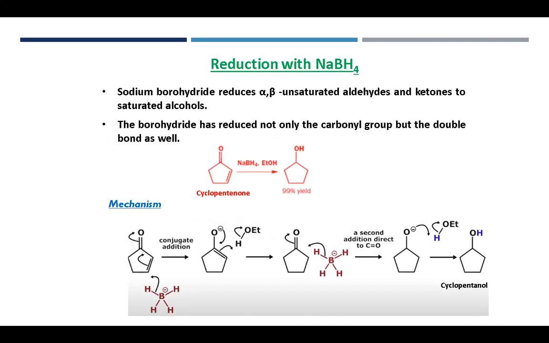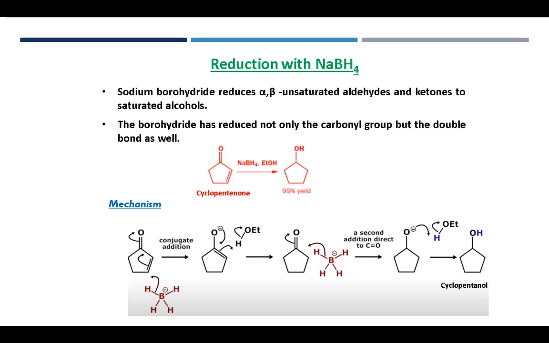Reduction with NaBH4. Sodium borohydride reduces alpha-beta unsaturated aldehydes and ketones to saturated alcohols. The borohydride has reduced not only the carbonyl group, if you notice here, but the double bond as well.